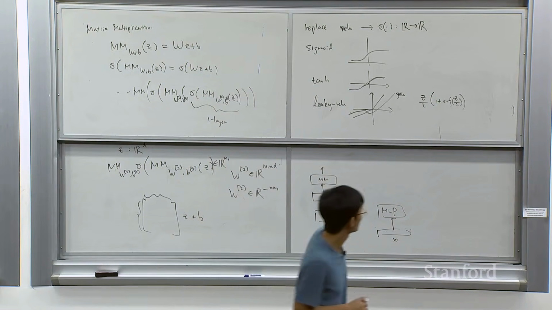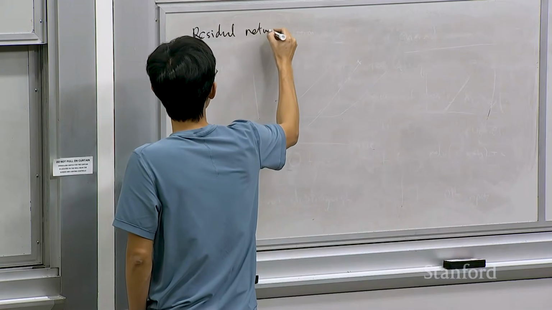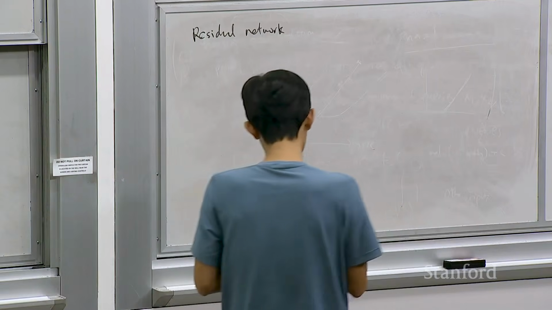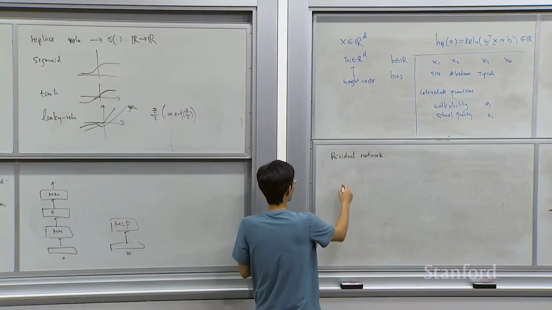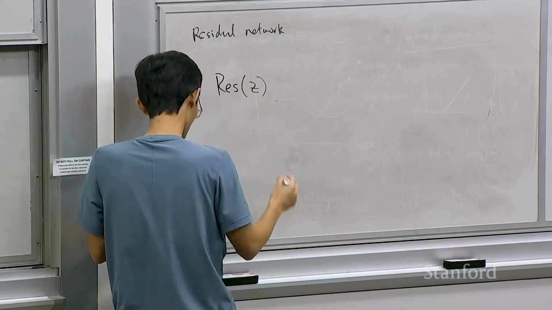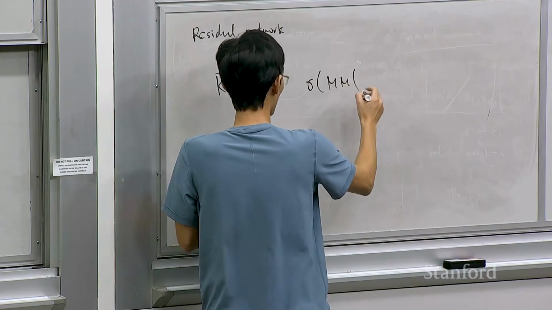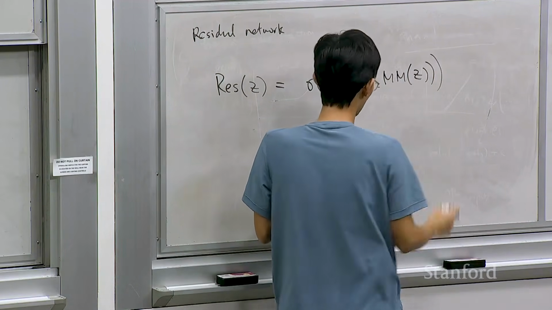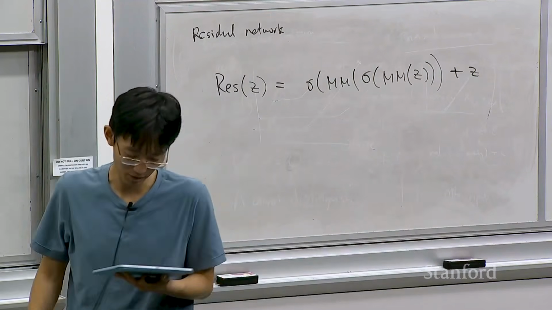So one of these components is called the residual network, or just residual connections. Instead of keeping on using this kind of thing, the residual connection is, let's call it residual Z, where you have two applications alternating between matrix multiplication and activations, and then you add your input back to it.